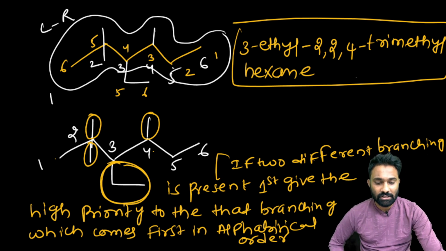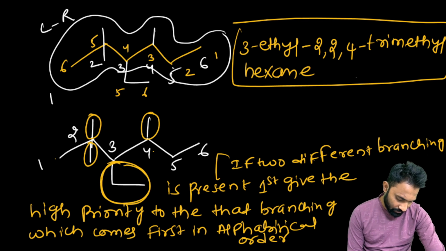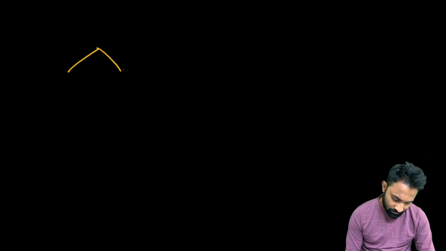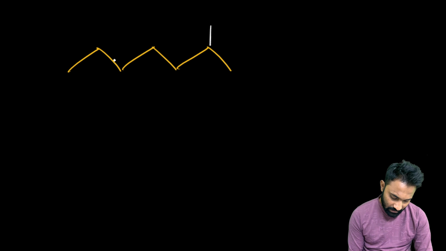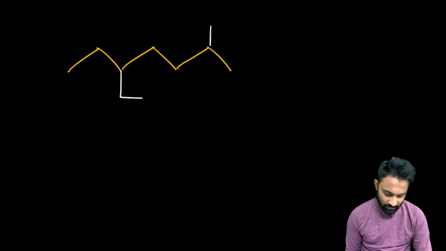Clear? In this manner we have to write the name, and the next compound I will say. If they have given it in this manner. Done. Here they have one substituent here and one substituent here. Clear?